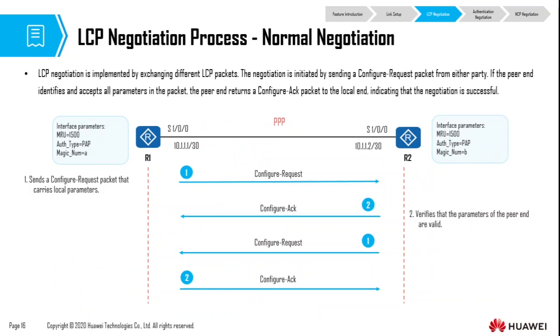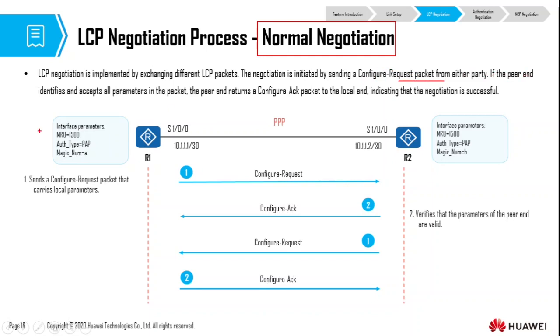So let's see the normal negotiation, the LCP negotiation process. This one has been termed normal negotiation. Normal negotiation means no problem occurs during the negotiation. So how does it happen? LCP negotiation is implemented by exchanging different LCP packets. The negotiation is initiated by sending a configure request packet from either party.